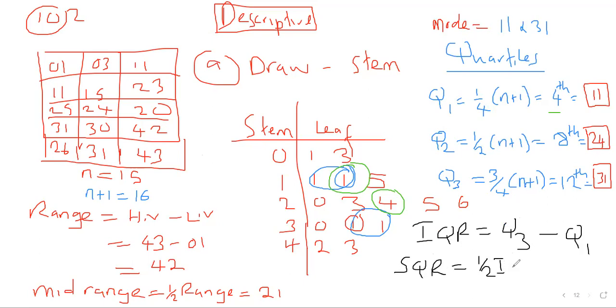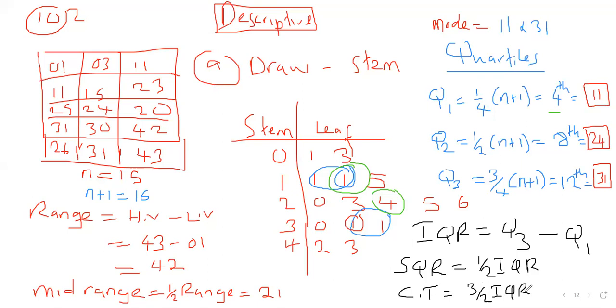Then we also have what we call the correction term, which is the CT. The correction term is simply 1.5 times IQR, or simply 3/2 IQR.